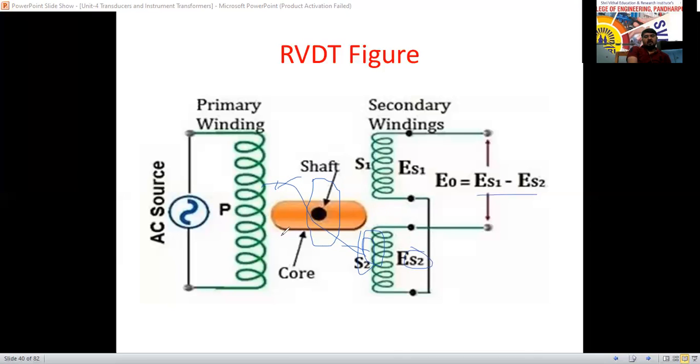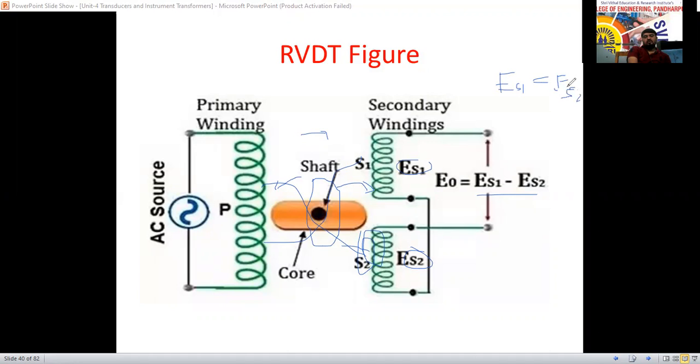If it is moving in the clockwise direction, then it is like this. One coil is near and the other is away, so more magnetic flux links to the S1 coil. So that is ES1 greater than ES2. So three conditions we are going to get. First, the EMF induced in the secondary coils are equal, ES1 equal to ES2.